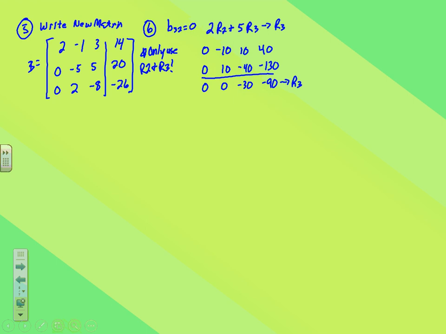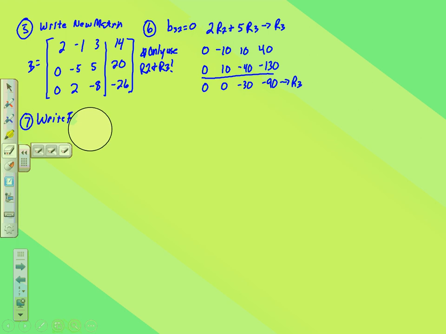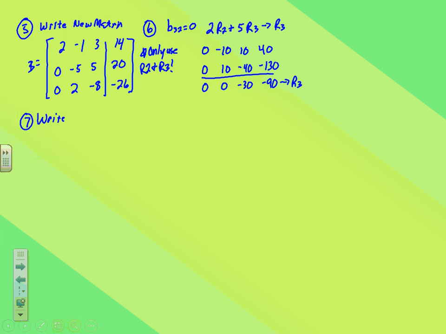This is going to produce my final matrix. My final matrix is going to be 2, -1, 3, 14.